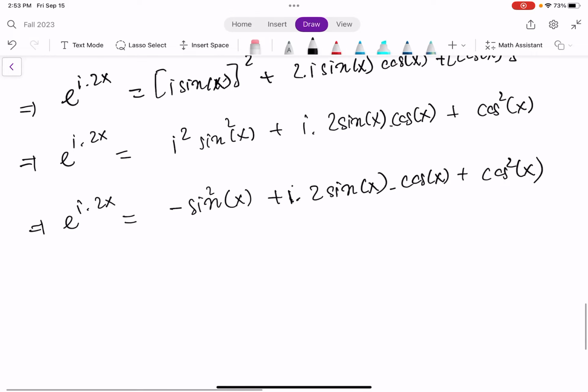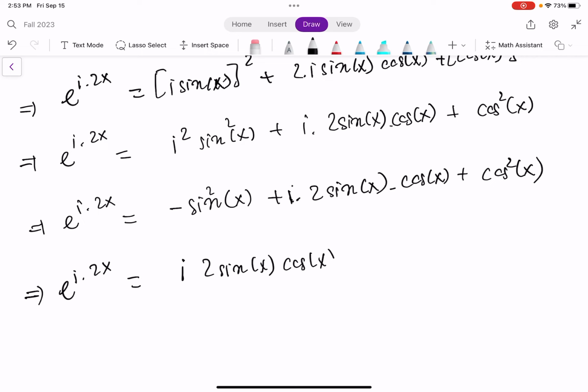Just like in the complex number derivations we have done so far, I will group the imaginary part to one side and the rest is the real part. So I write i times 2 sine of x cosine of x plus cosine squared of x minus sine squared of x.